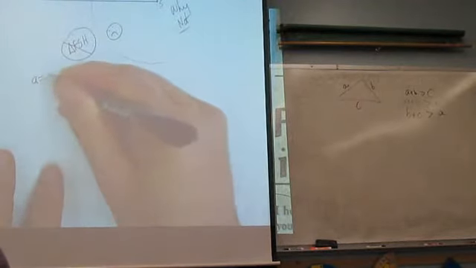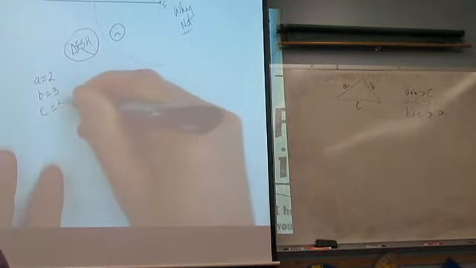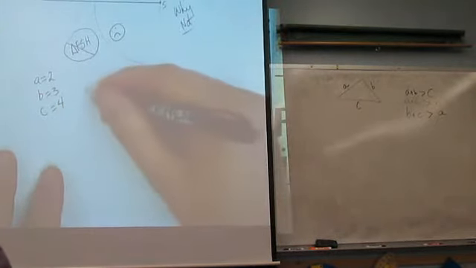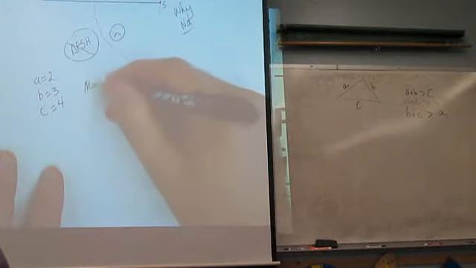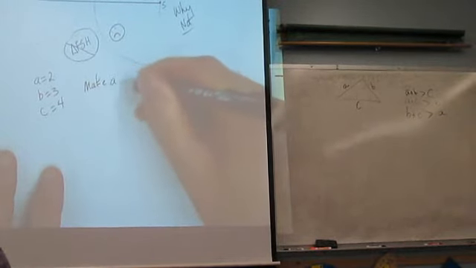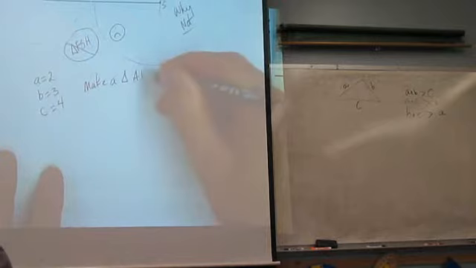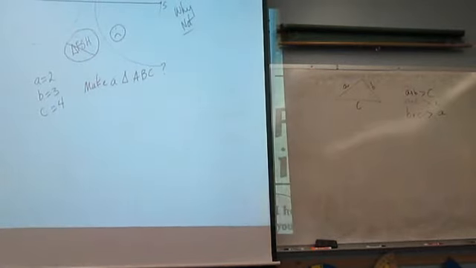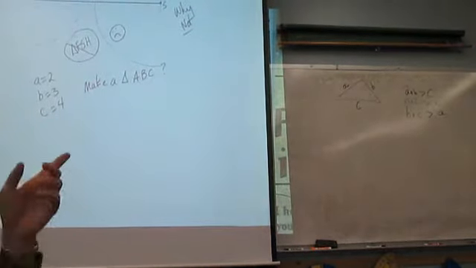Essentially what they'll do here is they'll give you 3 lengths. They'll say A is 2, B is 3, and C is 4. Can you make a triangle? A, B, C. Okay, so it's just a matter of checking.